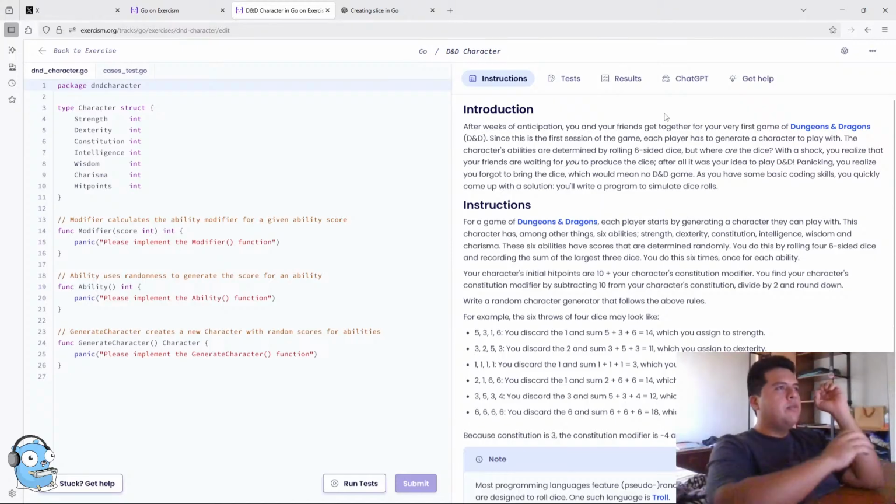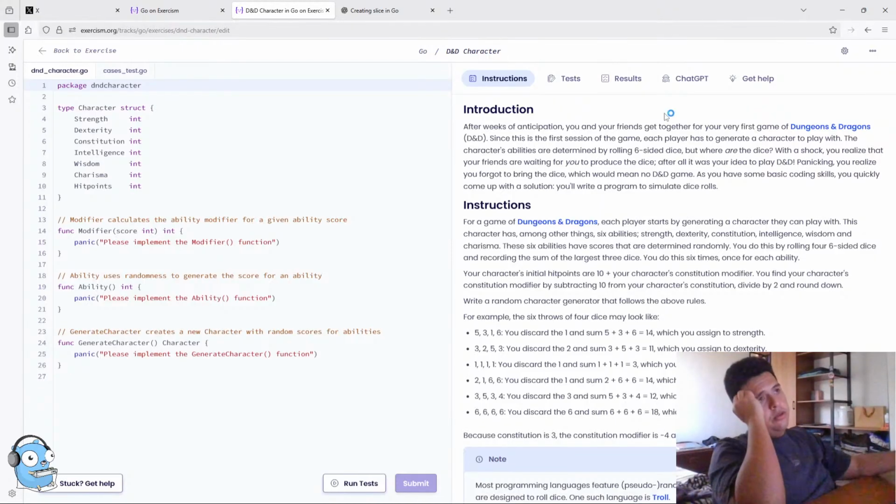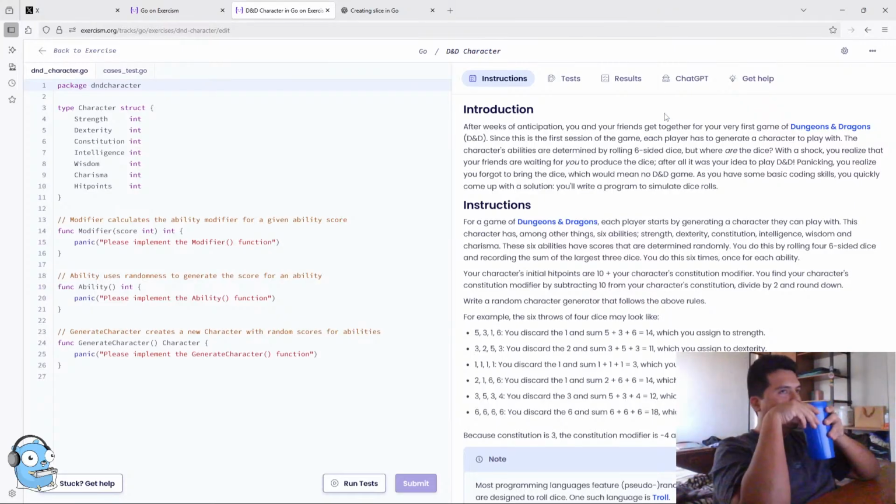So after weeks of anticipation, you and your friends get together for your very first game of Dungeons and Dragons, D&D. Since this is the first session of the game, each player has to generate a character to play with. The character's abilities are determined by rolling 6 sided dice. But where are the dice? With a shock, you realize that your friends are waiting for you to produce the dice.